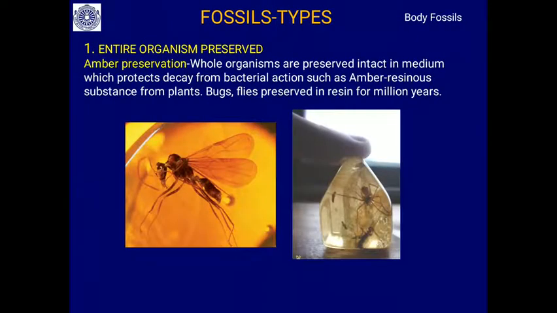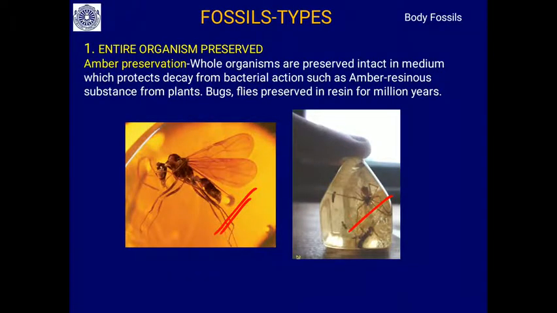Then entire organism preserved in amber or resinous substance. So we can see the fly in the amber. This is what you can see, the spider in the amber. Whole organisms are preserved intact in a medium which protects from decay by bacterial action, such as amber or resinous substance.